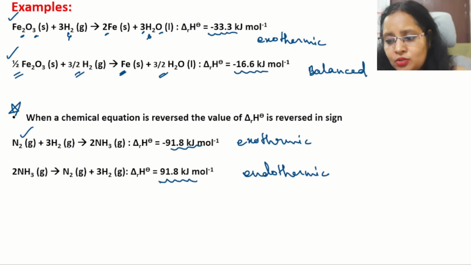When nitrogen is added to hydrogen, it gives ammonia gas, and delta RH is negative, meaning an exothermic reaction. When 2 moles of ammonia gas break into 1 mole of nitrogen gas and 3 moles of hydrogen gas, it is the same reaction in the reverse direction. So the delta RH value should be the same in magnitude, but now it's an endothermic process. It means we have to provide heat to start the reaction.